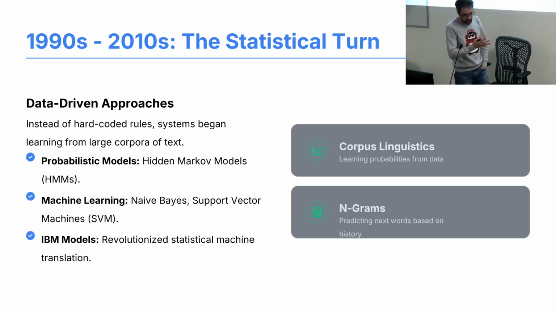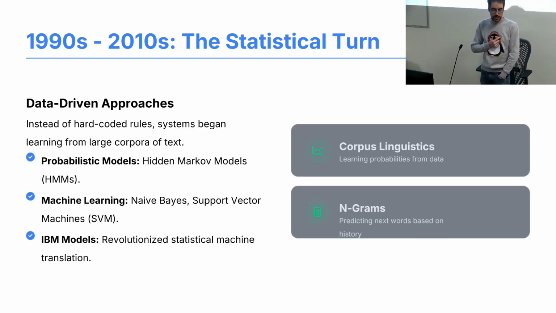Then, more or less in the 90s, data-driven approaches started to surface. The idea now was to not explicitly program a machine to understand language, but to use mostly statistical concepts, statistical machine learning. The kind of machine learning we have seen in supervised learning and unsupervised learning, nothing very different. So instead of hard coding, so programming explicit rules in the machine, we gave a given system a large corpus of text.